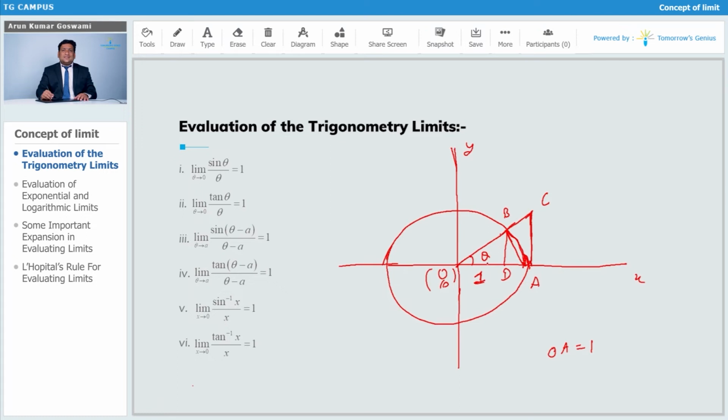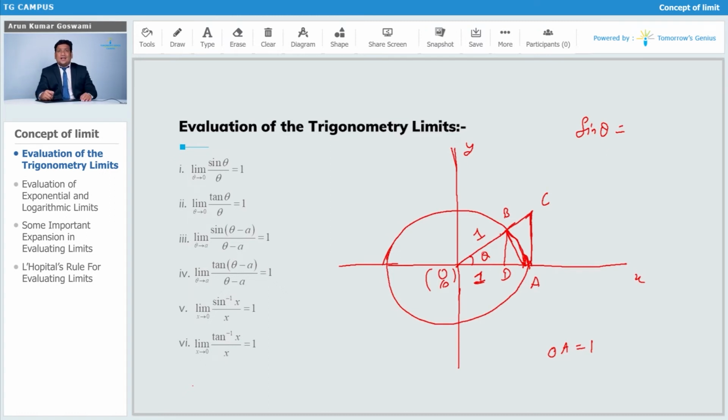Now if this angle is theta and OA is 1, by using the trigonometric ratios, can you find BD? My OB is also 1, which is also a radius, so we can easily find BD. The trigonometric ratio says that sine theta is opposite by hypotenuse.